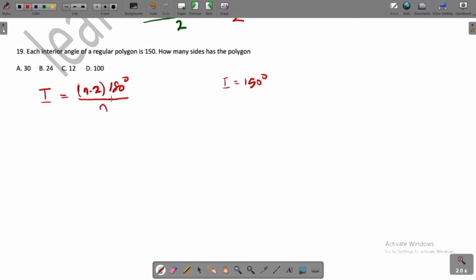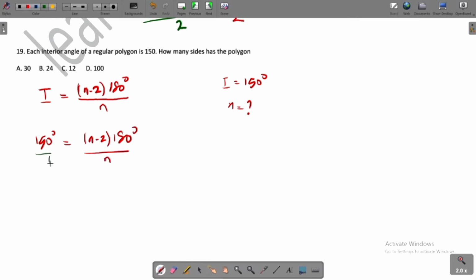Now, to solve this, our N, the sides, is unknown. But our I is 150. So we say 150 degrees equals N minus 2, 180 degrees over N.